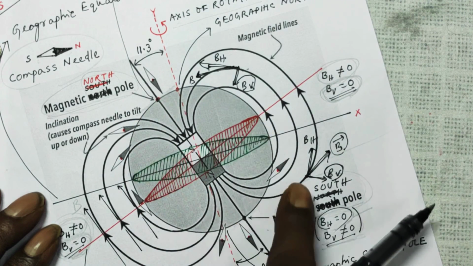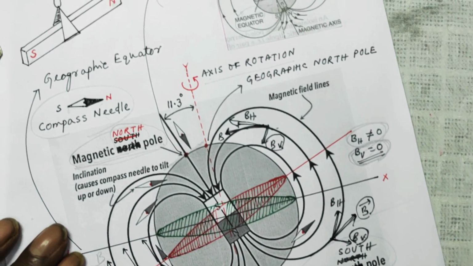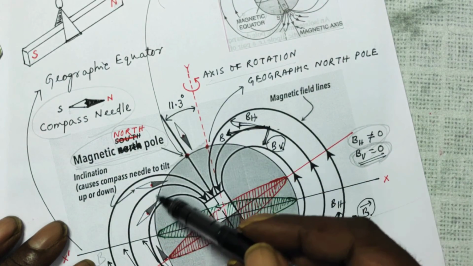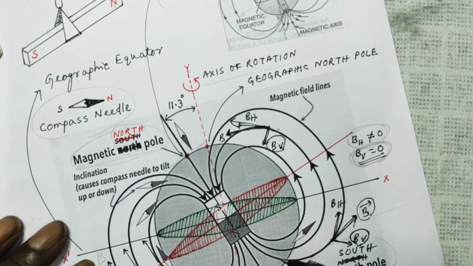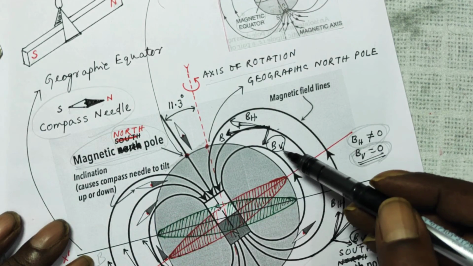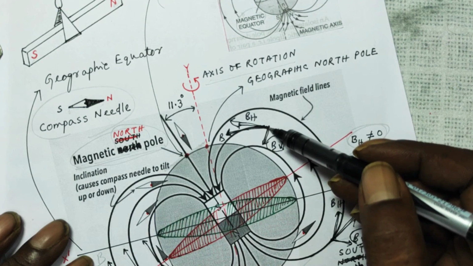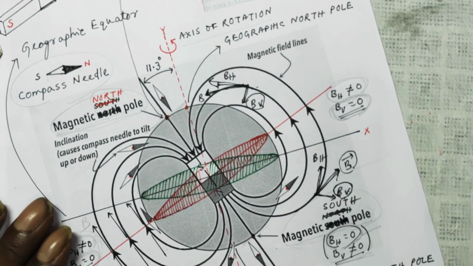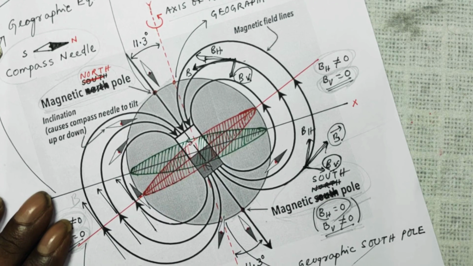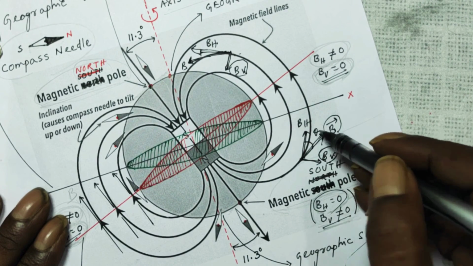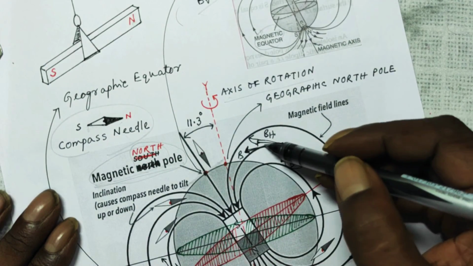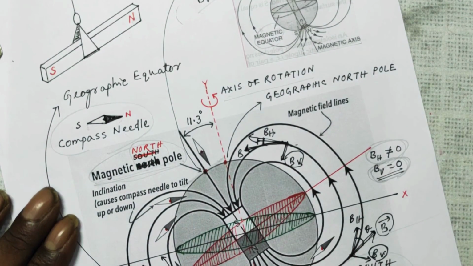And for all points above the magnetic equator, the vertical component is pointing inward, right? So what is theta here? Let me explain. Here this is theta, and here this angle is theta.